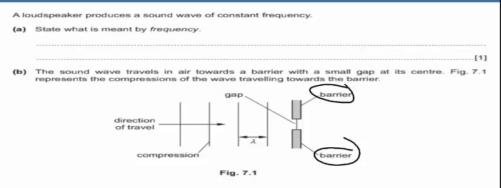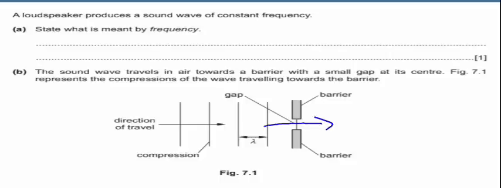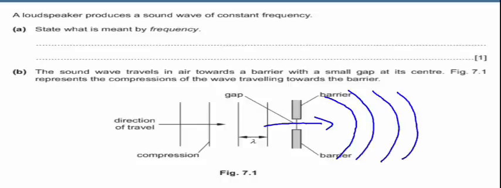So once this wave passes through this point, you're going to find that they are going to move in this way. This one is called diffraction. That is how these waves, or the particles, are going to move. So this is how you are supposed to draw it. That's all. Let's see the next one.